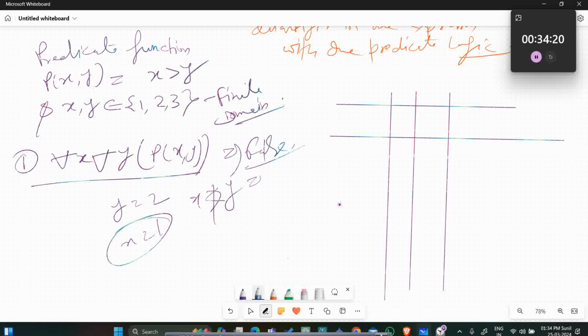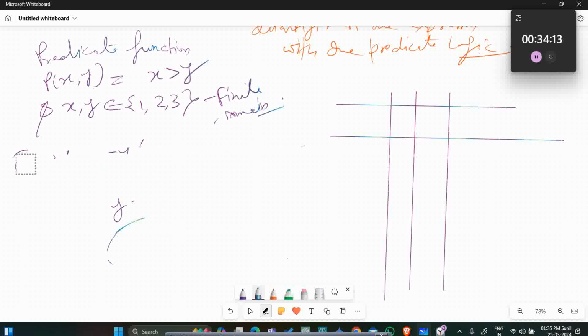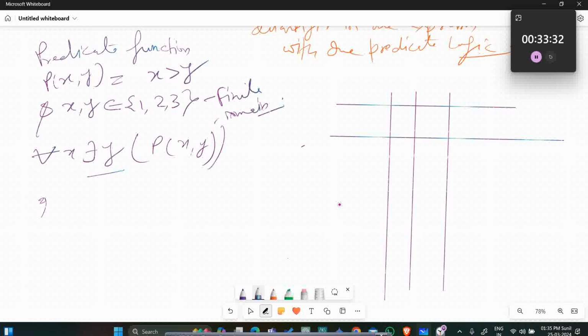Next example. Next we will find for this question: for all x there exists some y for which p(x, y) is true. For all x there exists some y.